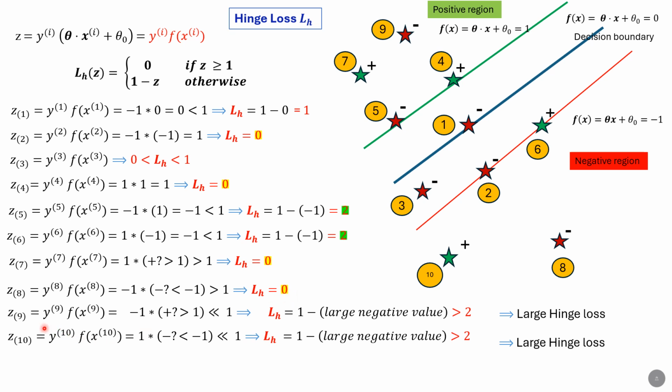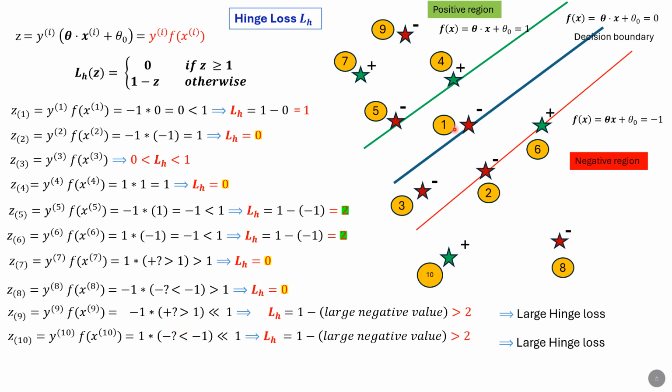And the 9th and 10th data points. They are in the wrong region, the invalid region. So 9 should be somewhere here, but it has crossed all these 3 lines into the invalid region. Similarly, 10 is in the invalid region. Therefore, we expect a huge hinge loss.